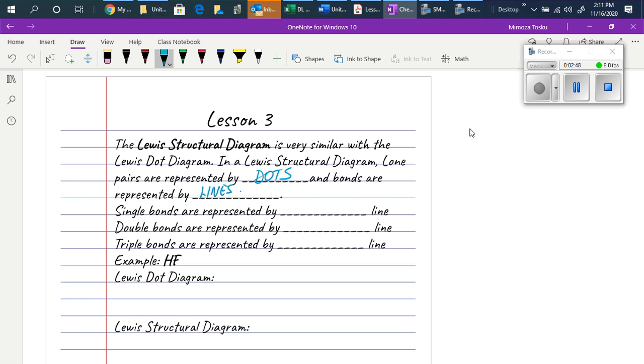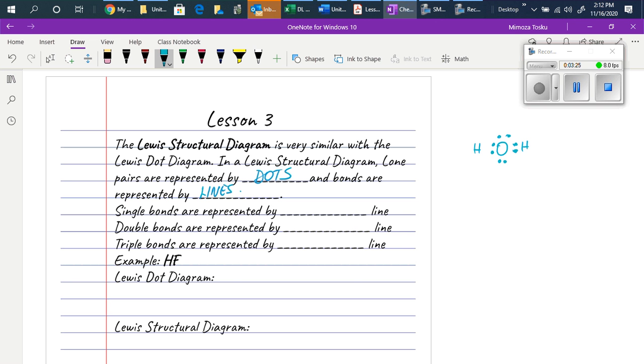When we draw the Lewis dot diagram for water, the central atom is oxygen, completed with 8 electrons, and then we have hydrogen on both sides. In the Lewis dot diagram, the pair of bonding electrons is represented by 2 dots. And then we have the lone pairs, in this case on the central atom only, but we may have lone pairs even on the other atoms.